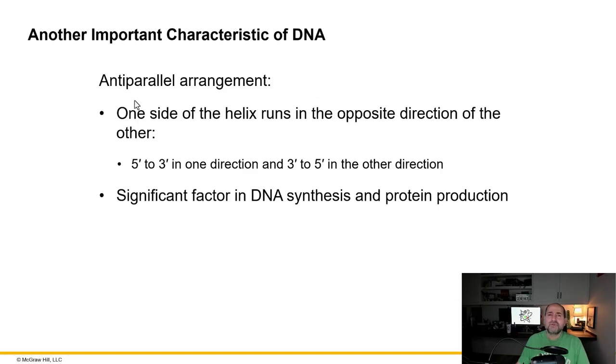And you may remember from previous courses that each strand of DNA has a 5' end and a 3' end. And what's important to remember is that the two strands of DNA that make up the double helix of DNA are antiparallel.